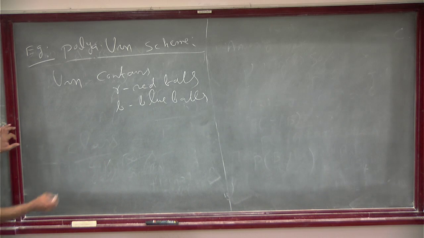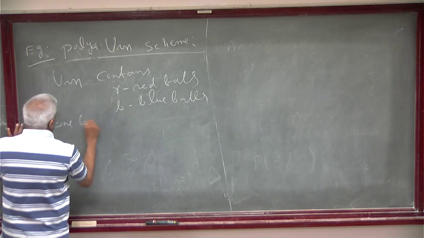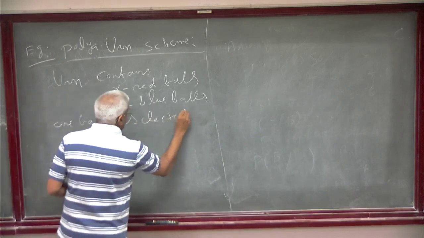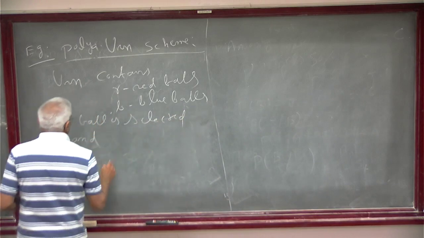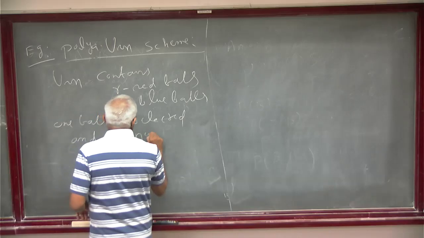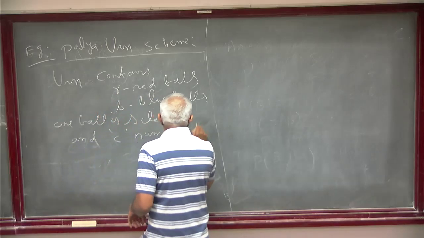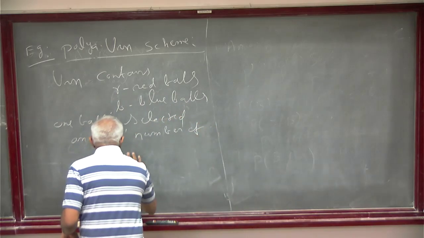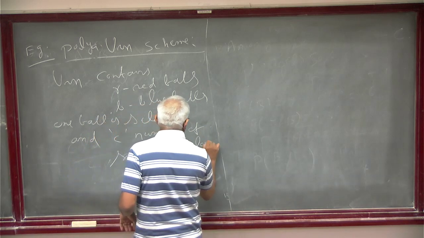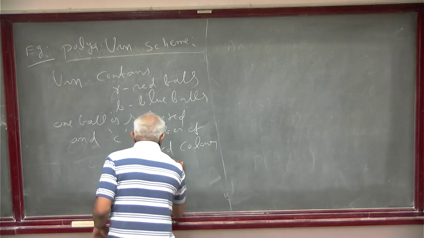So one ball is selected and C number of the selected color is added.